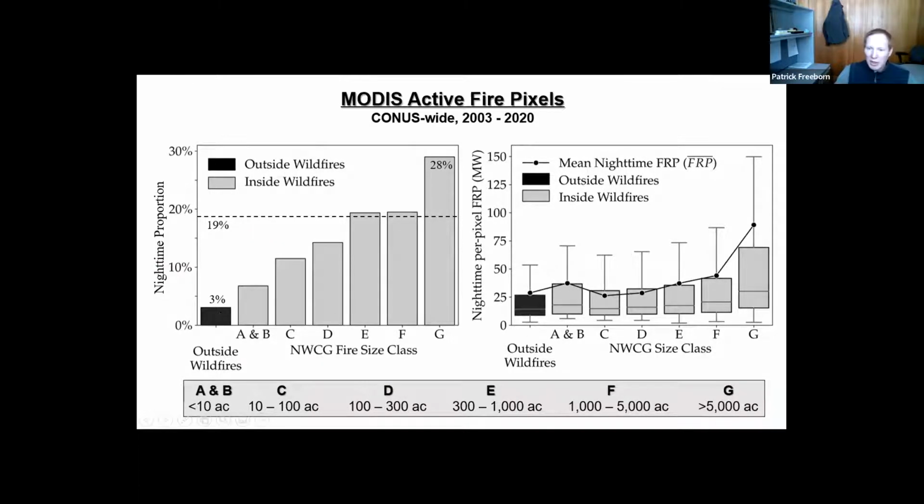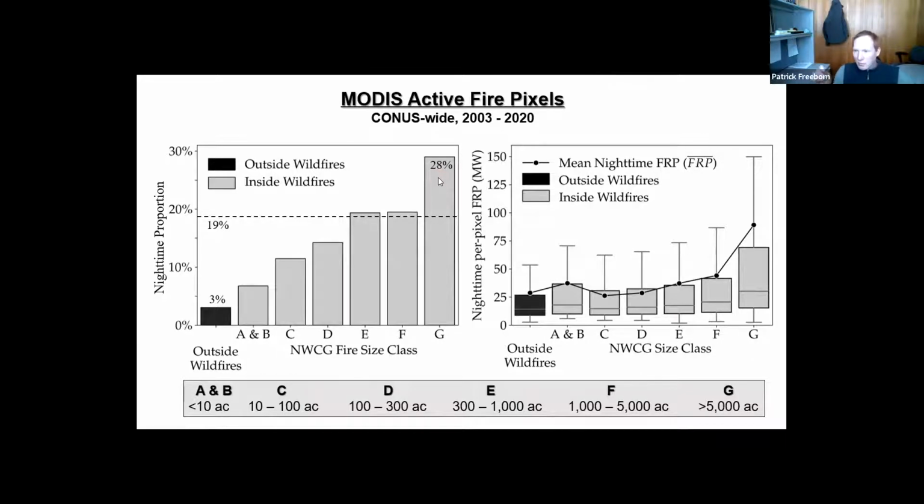And so in our plot, if you remember, we had a nighttime proportion of 3% outside wildfires. 19% was our overall nighttime proportion. But what we see here is with increasing wildfire sizes, we're getting an increase in the nighttime proportion of fire radiative power. And if you remember, our nighttime proportion inside wildfires was 28%.